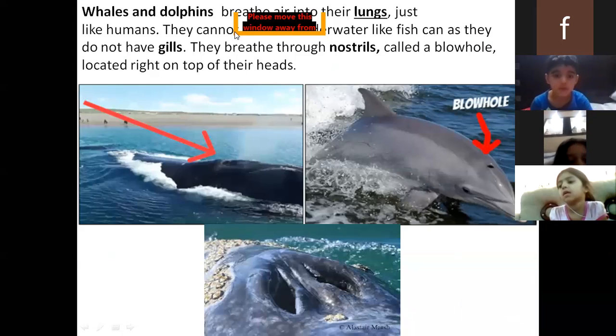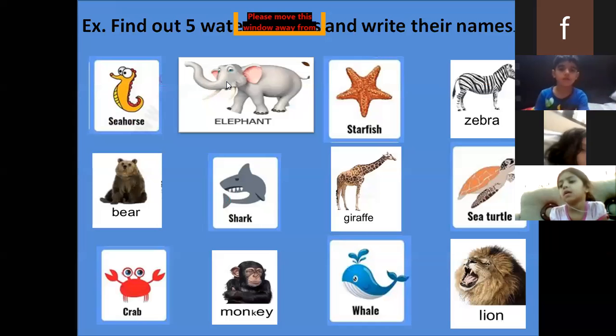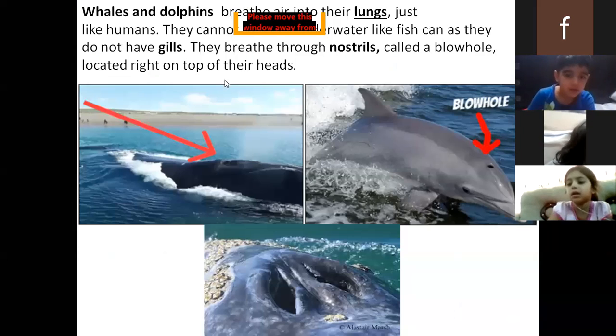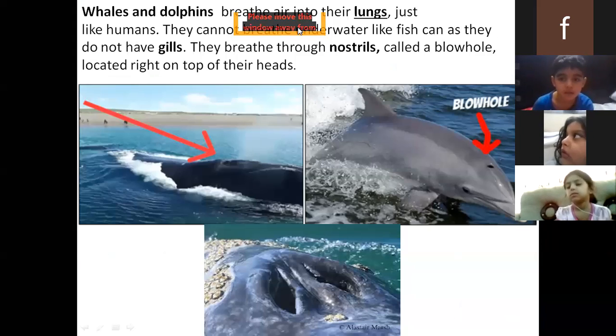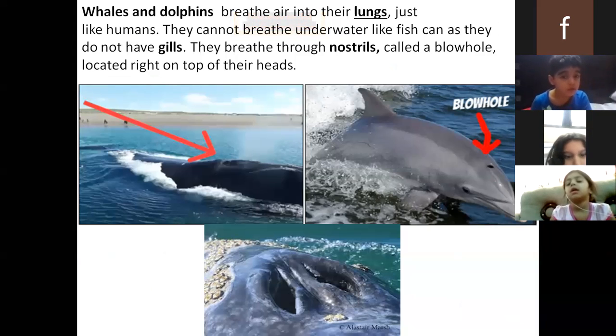Whales and dolphins breathe air into their lungs. Just like humans, just like us, whales and dolphins have lungs. When we humans go under the water, we can't breathe underwater.